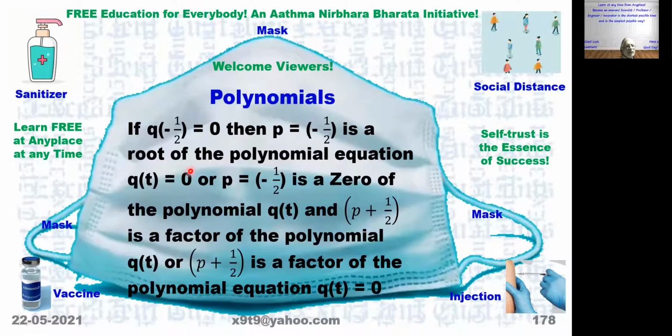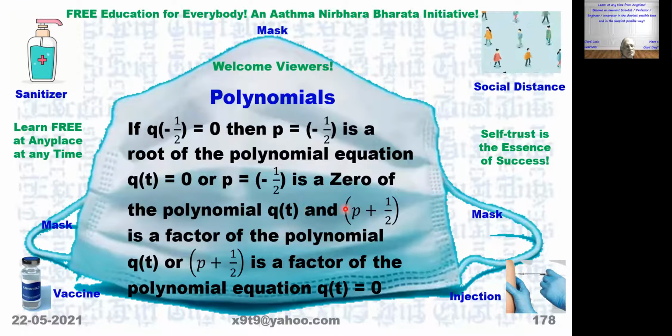If q of minus half is equal to 0, then t equal to minus half is a root of the polynomial equation q(t) equal to 0, or t equal to minus half is a zero of the polynomial q(t).